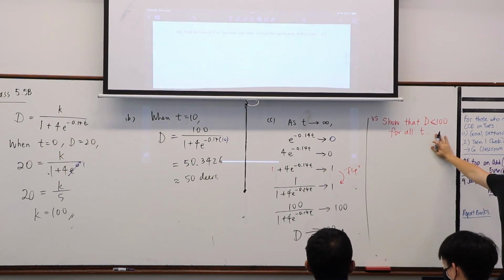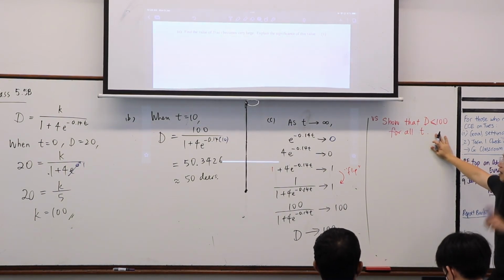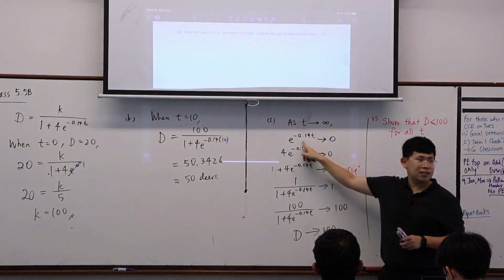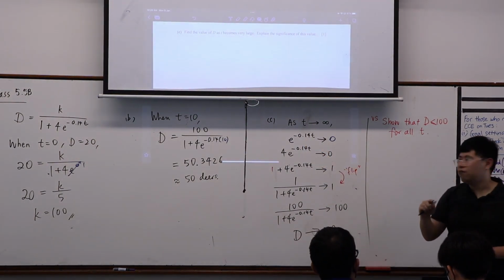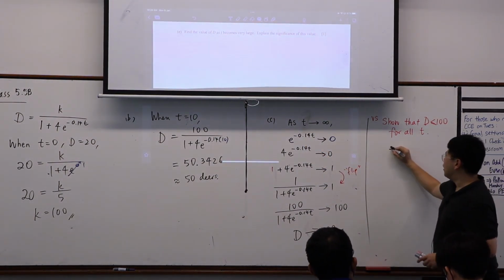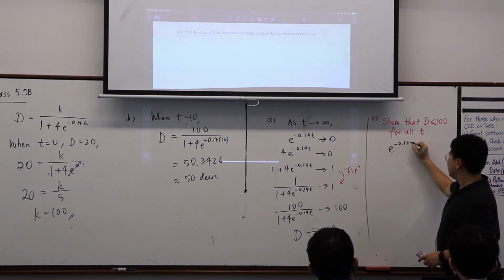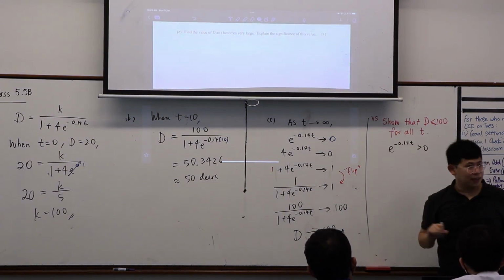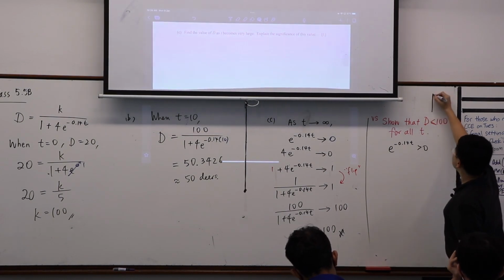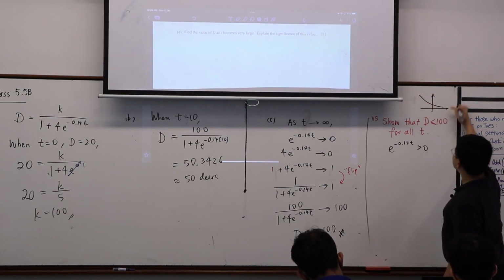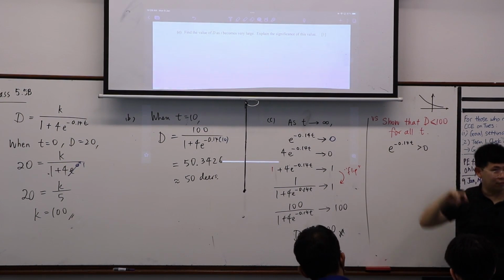So how do we show this? Let's say if we want an inequality, same thing, we always start with this. For all the exponential function, it is always a positive number, right? Because if you observe the graph, the exponential function values are all positive.